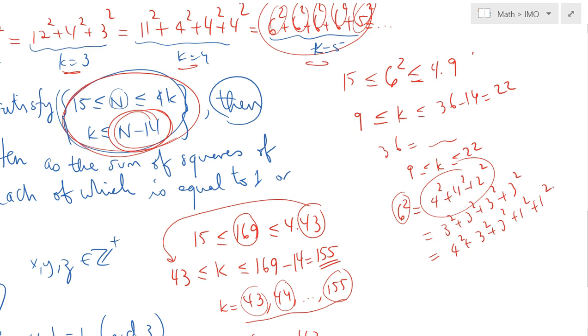What else? It works for, so this is 3, 4, 5, 6. It should work for 6 as well. 36, 16, 4, 4, 4, 4. Yeah. So therefore, 4 squared plus 2 squared plus 2 squared plus 2 squared plus 2 squared plus 2 squared. Yeah, it definitely works for 6 as well. It will work for 7 as well. So, well, you can check that it will work for all the numbers up to 8, right?